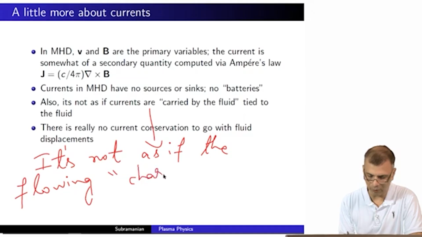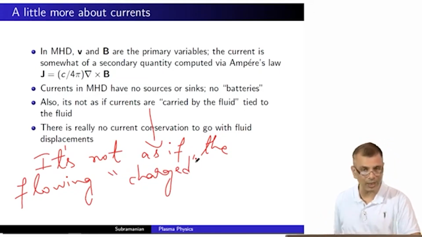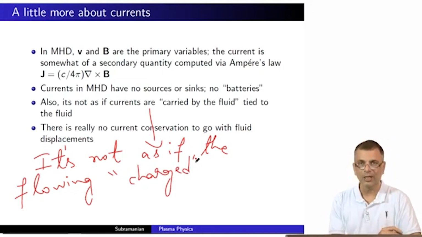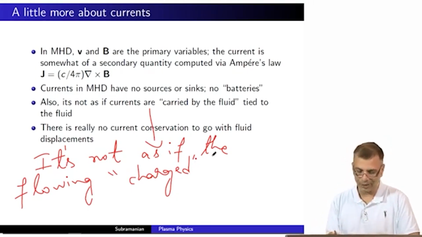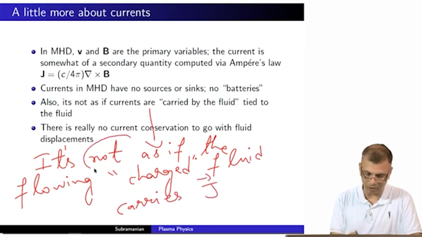First of all, the fluid is not charged, as we said. Over large length scales, the fluid is electrically neutral. But since the fluid comprises charged particles, many people think of it like this: the fluid carries a current. It is not so.